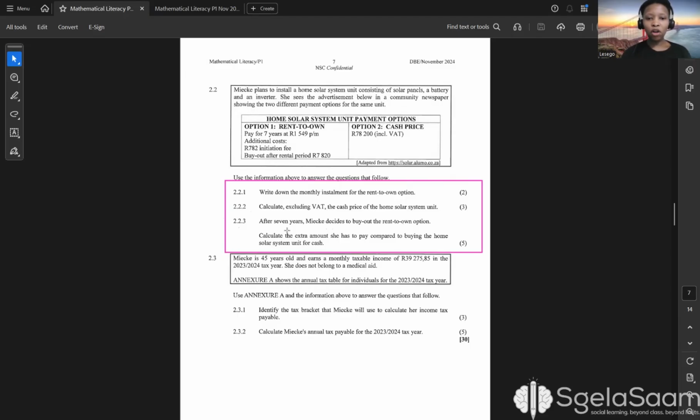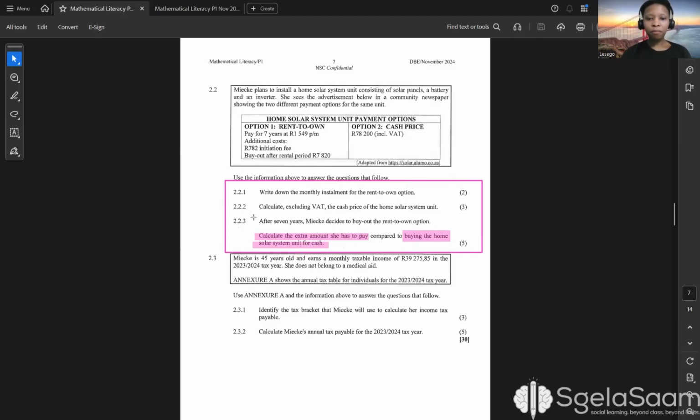And after 7 years, Mieke decides to buy out of the rent to own option. So you have to therefore calculate the extra amount she has to pay compared to buying this home solar system unit for cash.